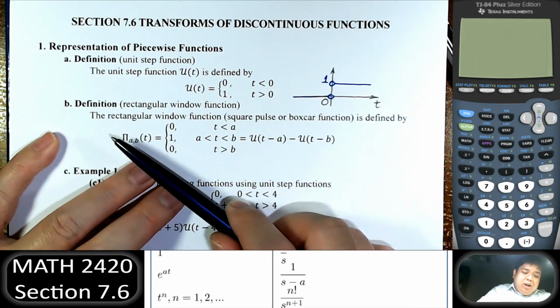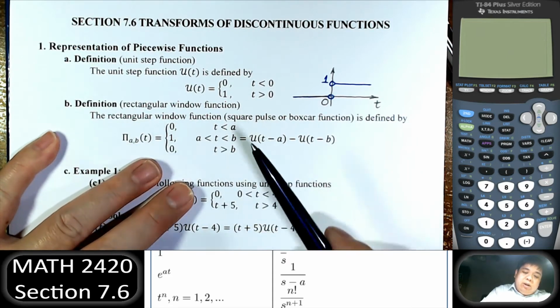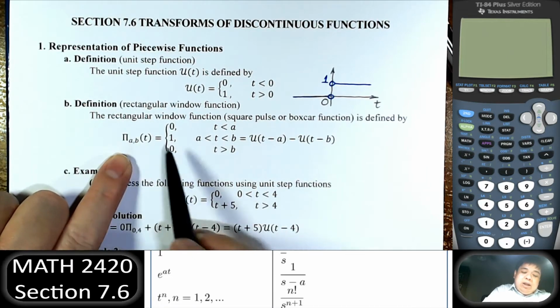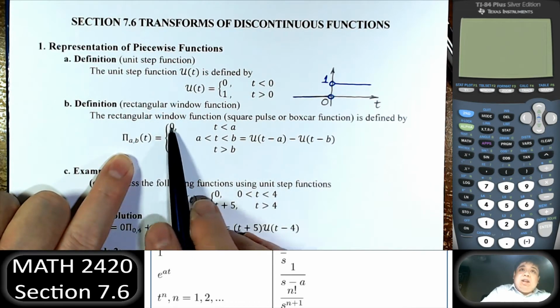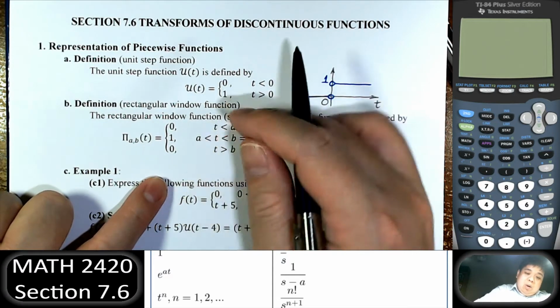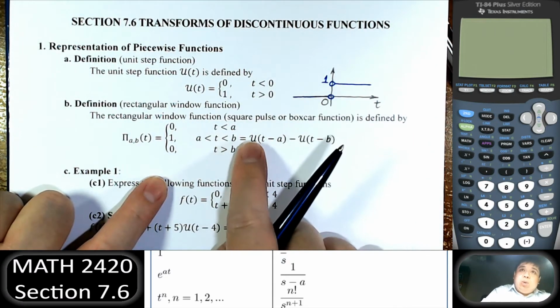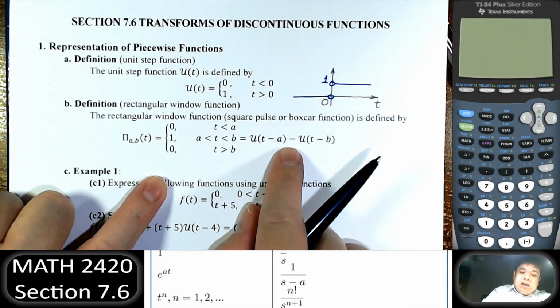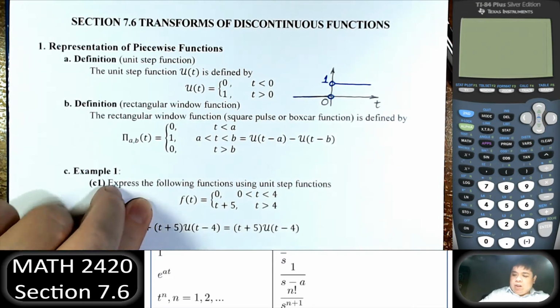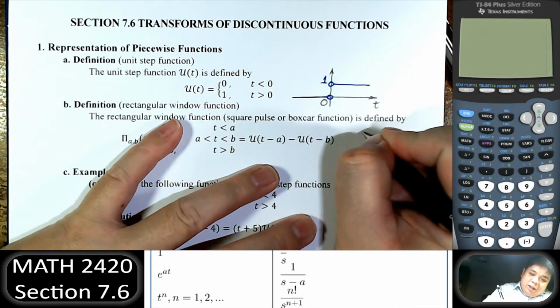Now we define a rectangular window function. That is the window from A to B, equal to 1, and everything else equal to 0. So the whole function is equal to u of t minus A minus u of t minus B. So how does that work?